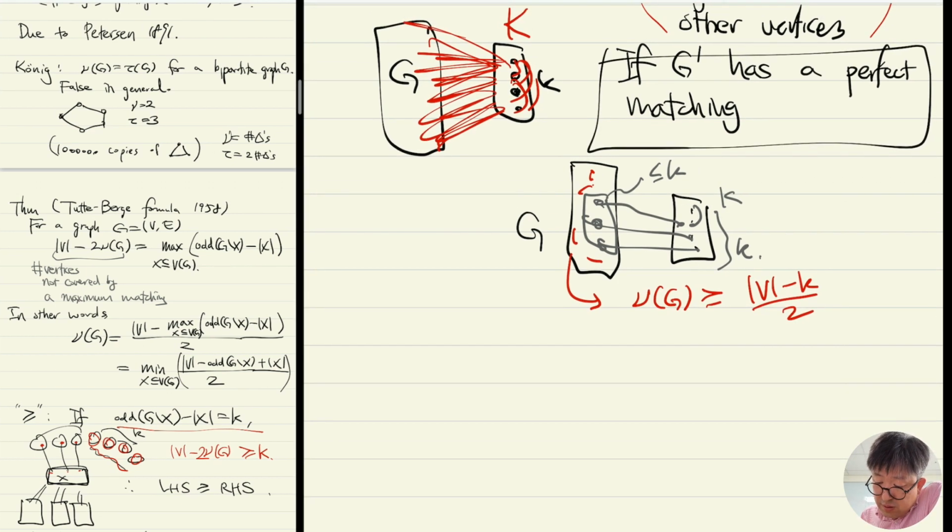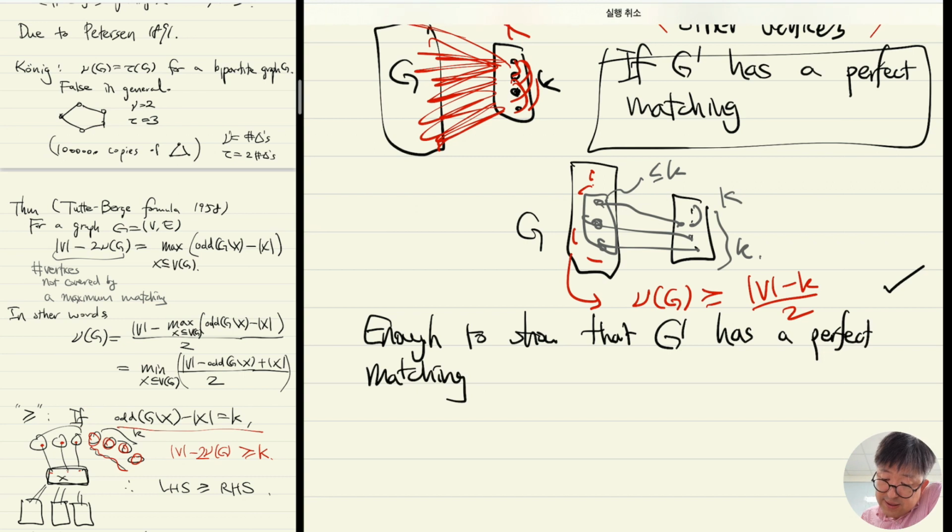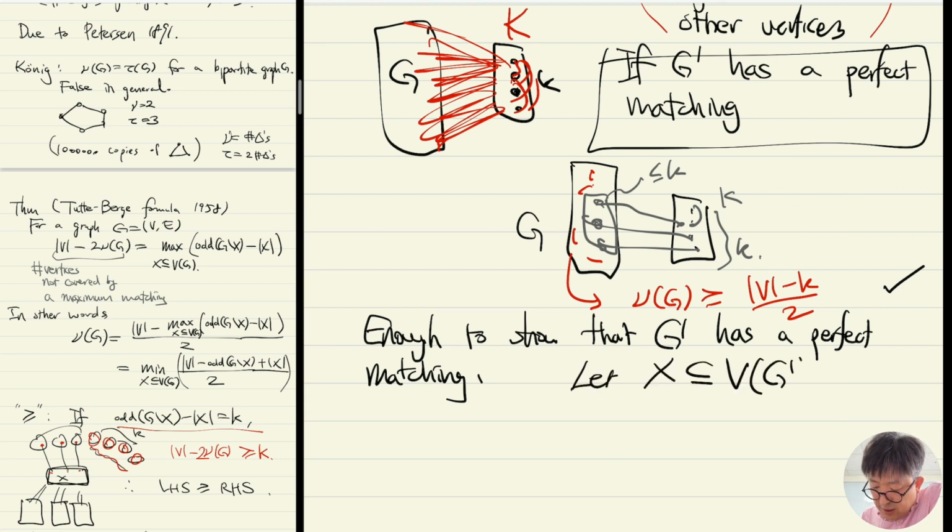So it's enough to show that G prime has a perfect matching. Now, why is this the case? Well, let X be a subset of G prime.